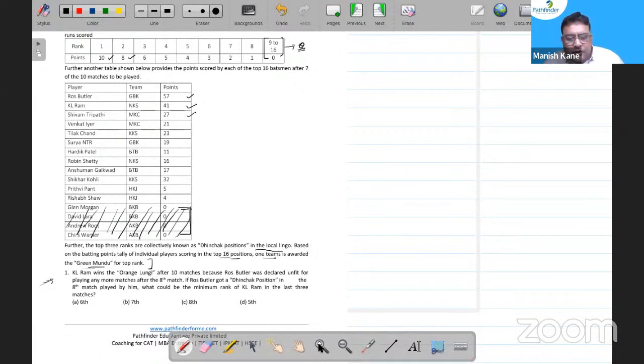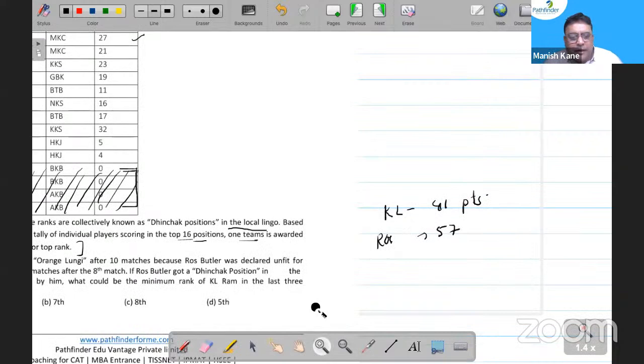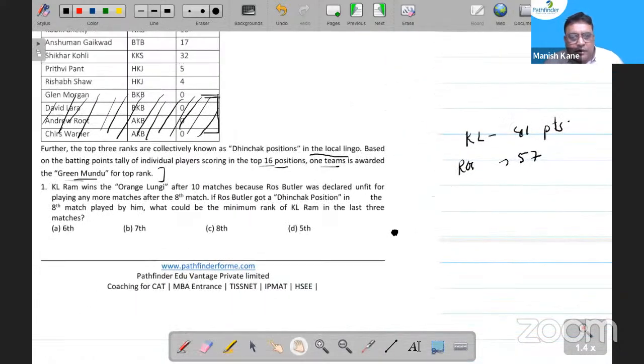Now the first question concerns KL Ram. KL Ram has 41 points. And Ross Butler, he has 57 points. After how many matches?